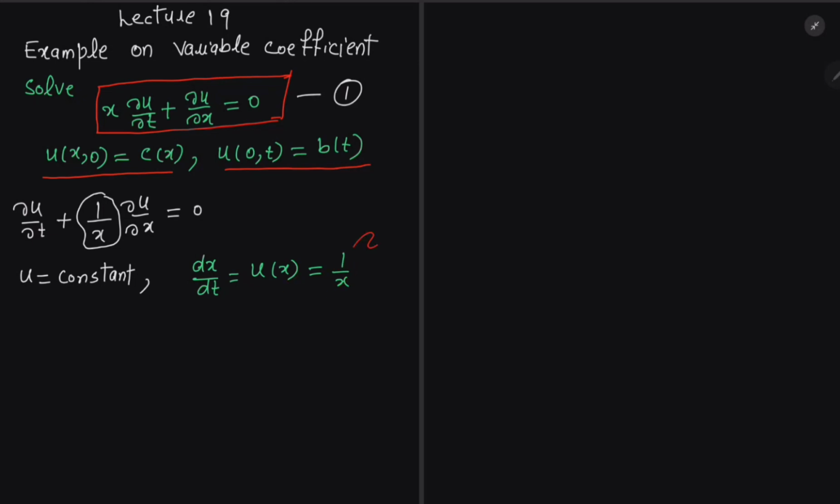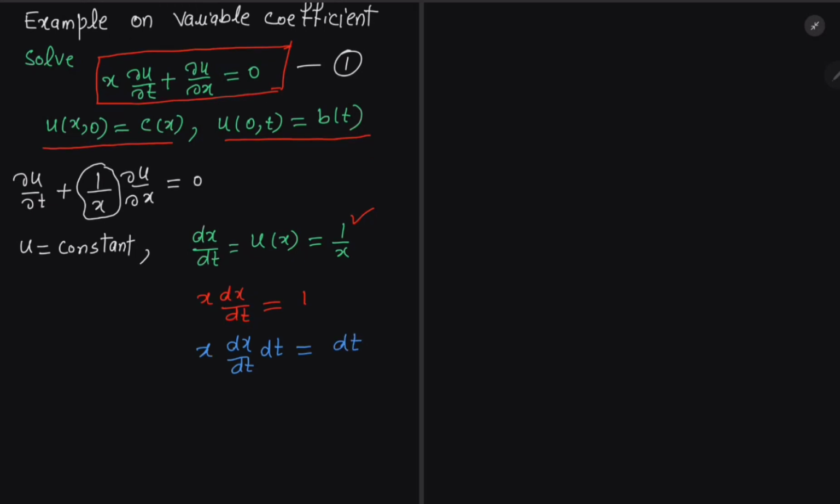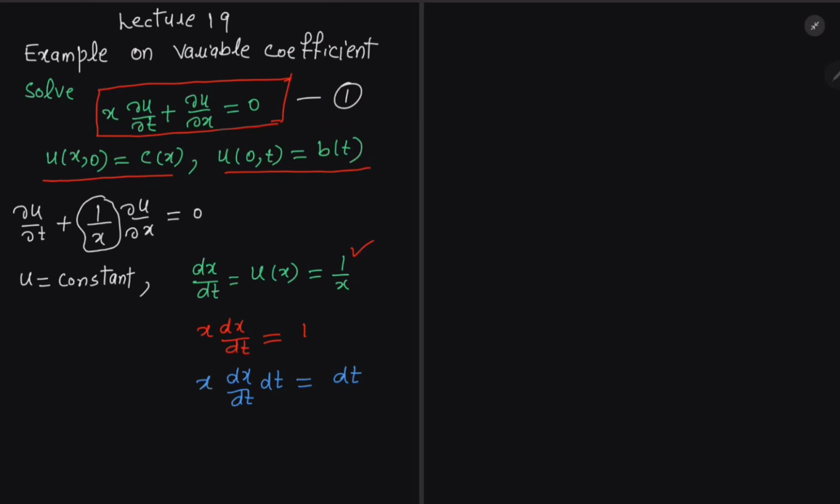Now I solve this differential equation. I multiply both sides with x, dx by dt times x is equal to 1, and then I integrate, multiplying by dt, and the left hand side becomes x dx, and the solution will be x squared by 2 is equal to t plus a constant.